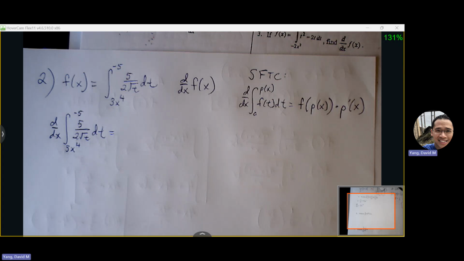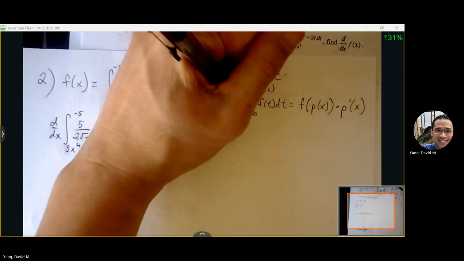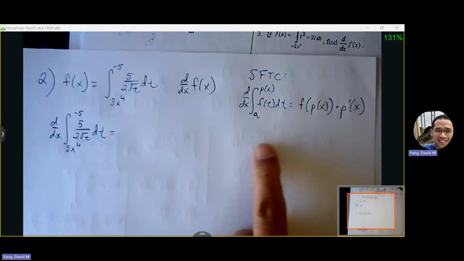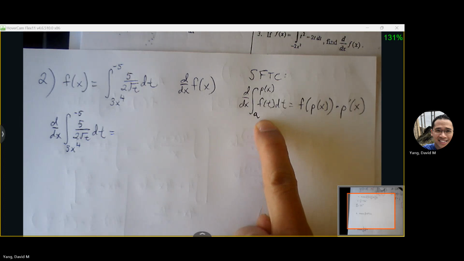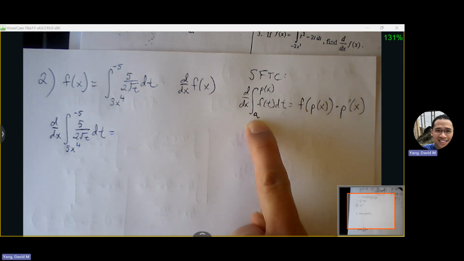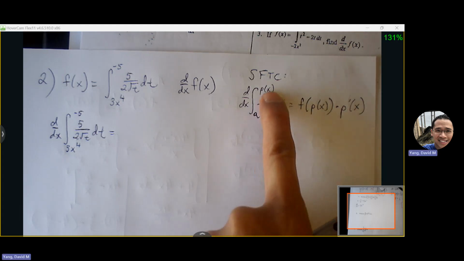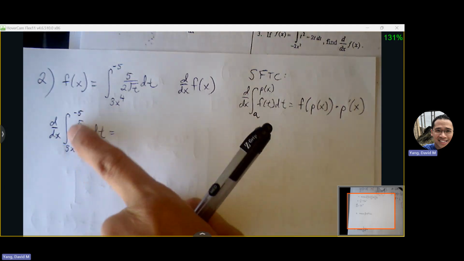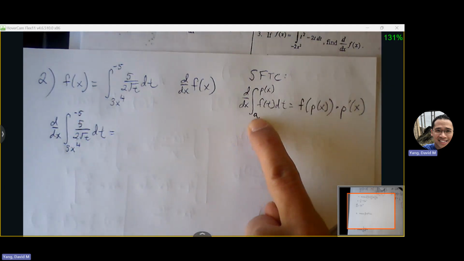Anything about the bounds that look a little different than the rule? What would I prefer my lower bound to be? What does the A represent? Constant. And then the upper bound is the variable here. So I would like to have the bounds matching my rule.